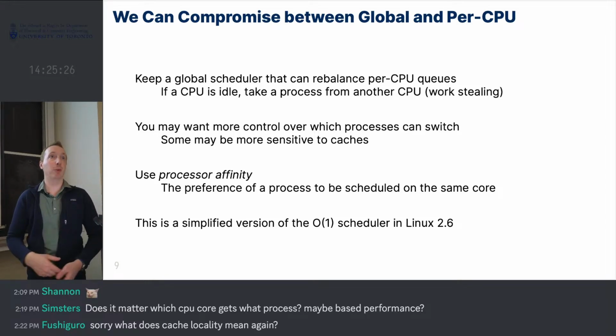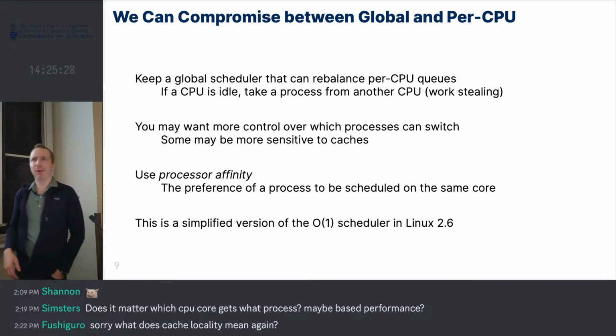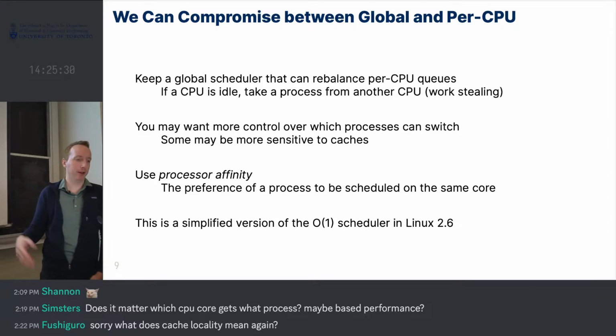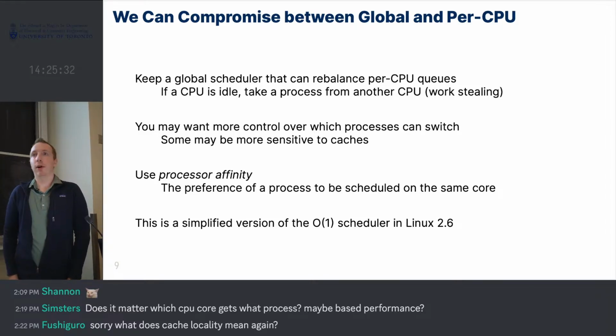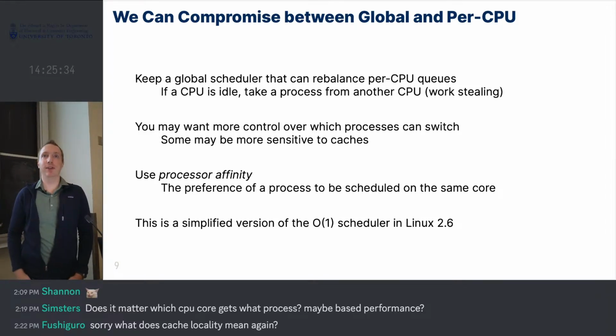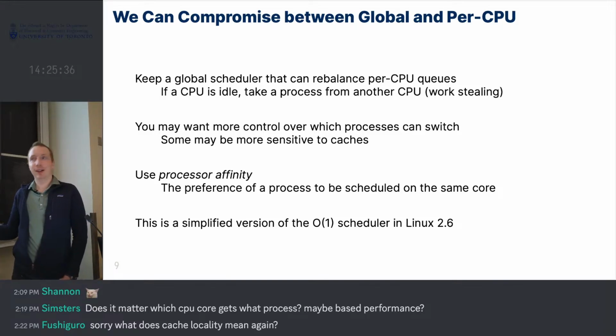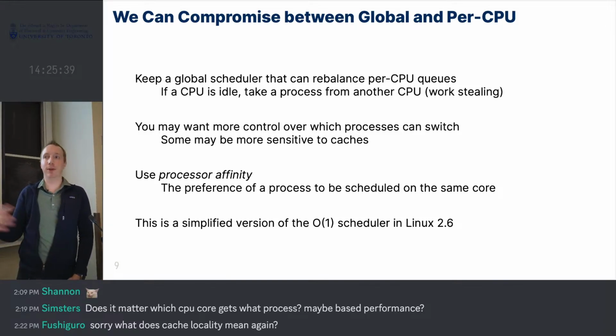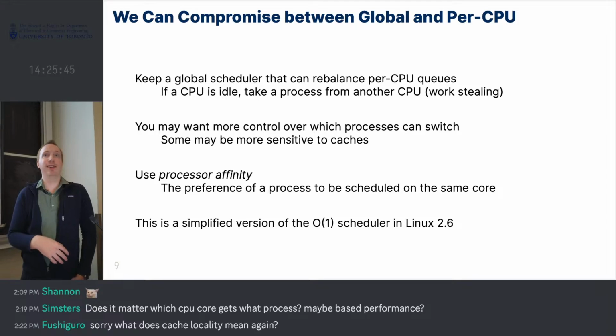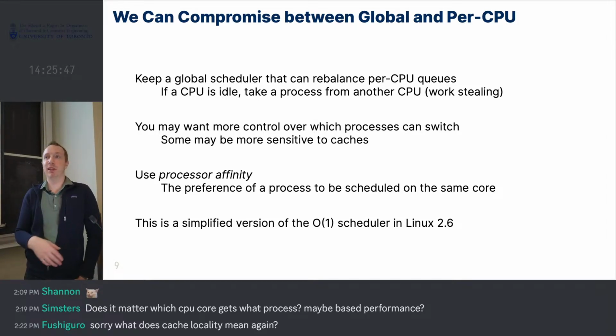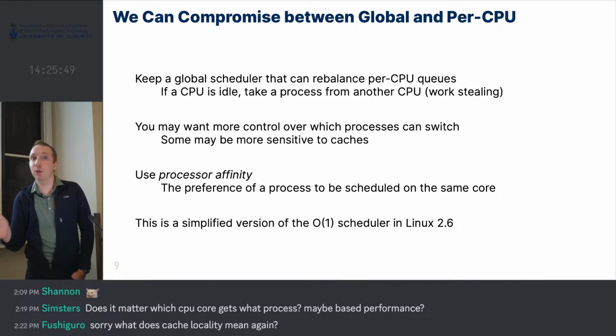This is called work stealing, which is more like process stealing, but you're stealing some work. Some disadvantages to this: if a process is moving to a different core, it's going to have invalid caches. And if you really care about performance for that process, you probably want to tell the kernel, hey, do not switch this process under any circumstances.